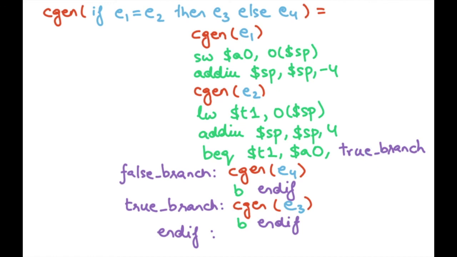If it is, go to true branch, otherwise go to false branch. At true branch, generate the code using cgen of E3. At false branch, generate the code using cgen of E4. In both cases, after you've generated the code for computing the respective expressions, branch to end if, and that's the end of my implementation for the if then else construct.